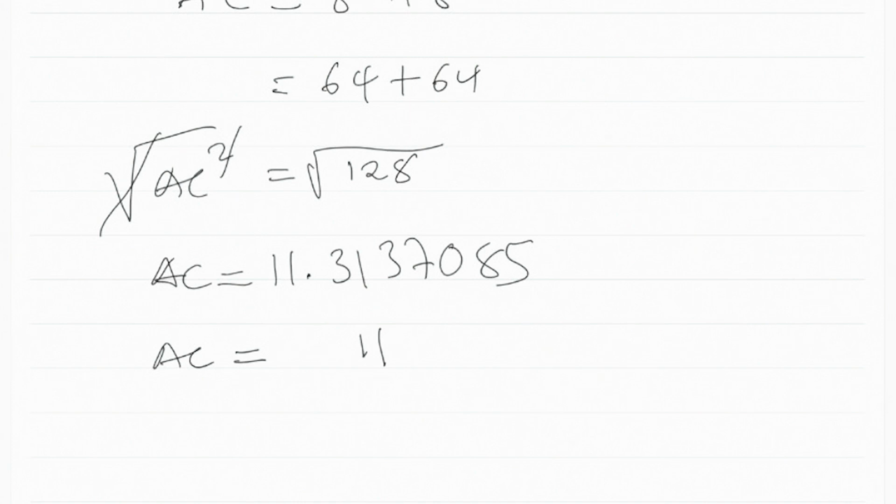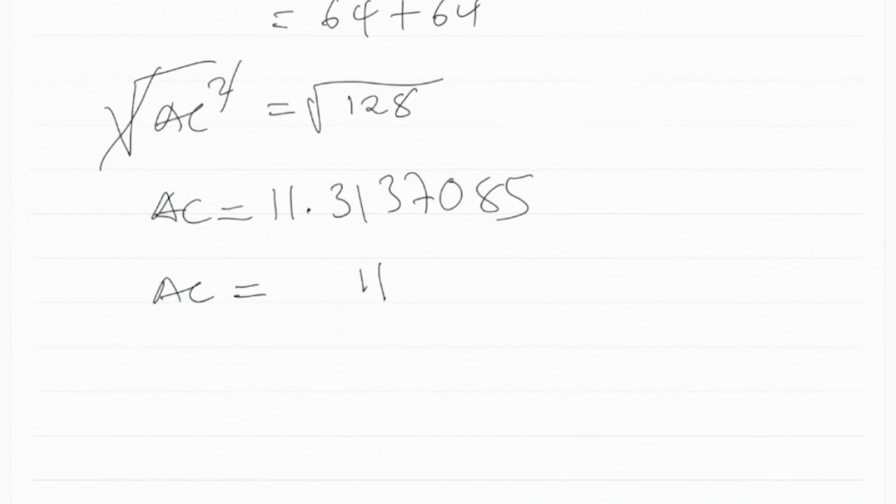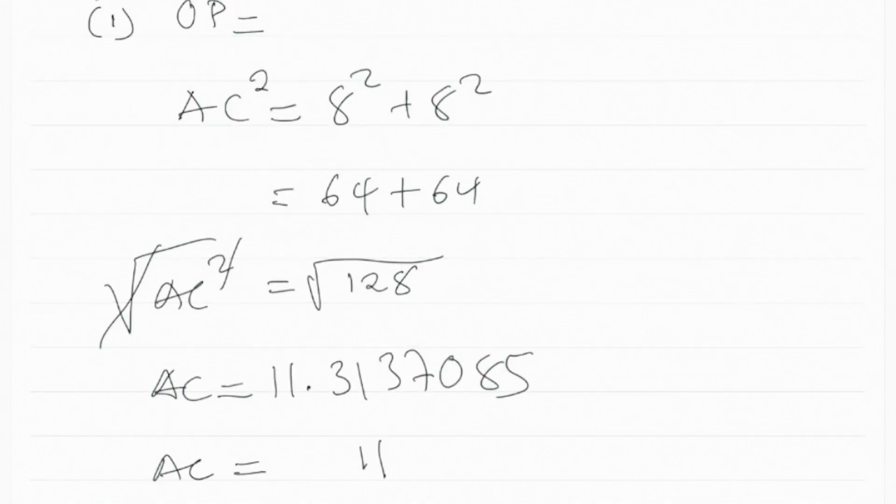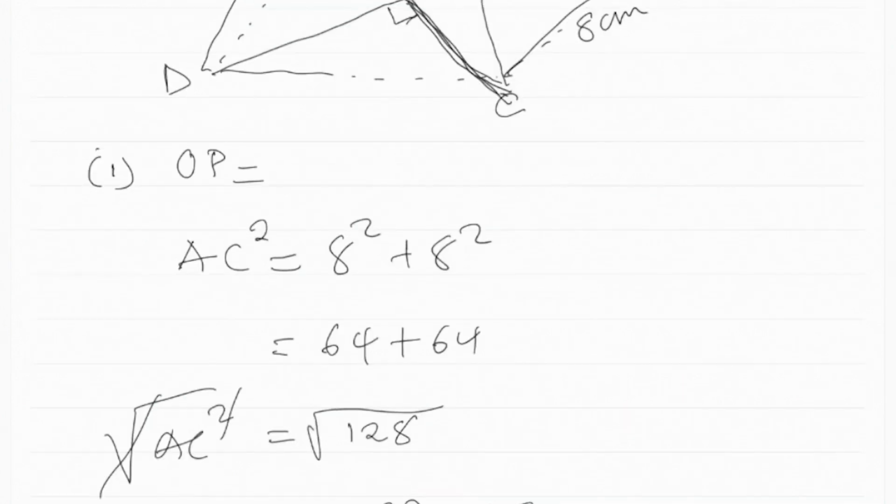Okay, so now we want to find what we've been asked in that question. So we are saying OC squared, then again, maybe let me write it from here. Is there enough space? Okay, there is enough space. Then we can say OC squared will be OP squared plus PC squared.